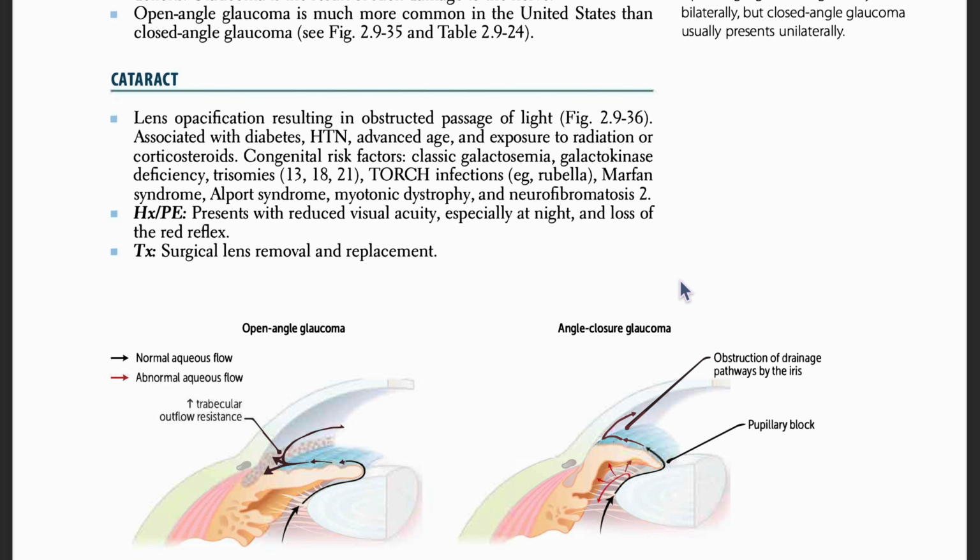TORCH infections, for example rubella, Marfan syndrome, Alport syndrome, myotonic dystrophy, and neurofibromatosis too. History and physical examination presents with reduced visual acuity, especially at night, and loss of the red reflex. Treatment here is surgical lens removal and replacement.